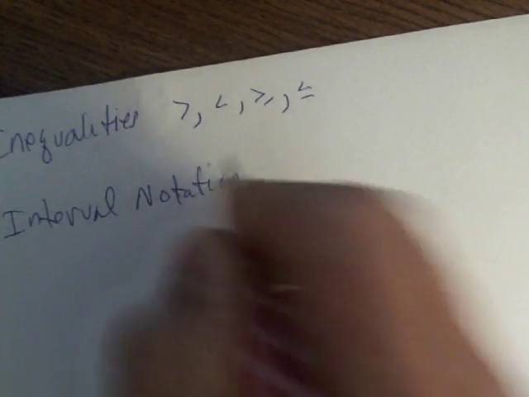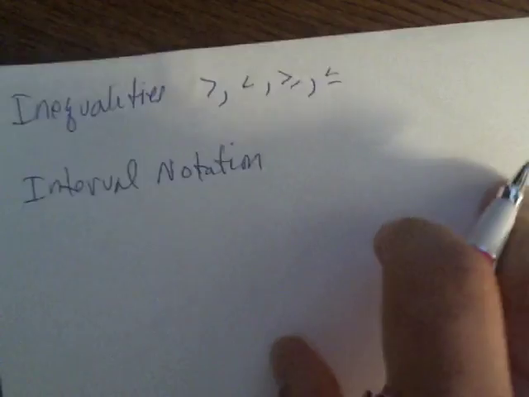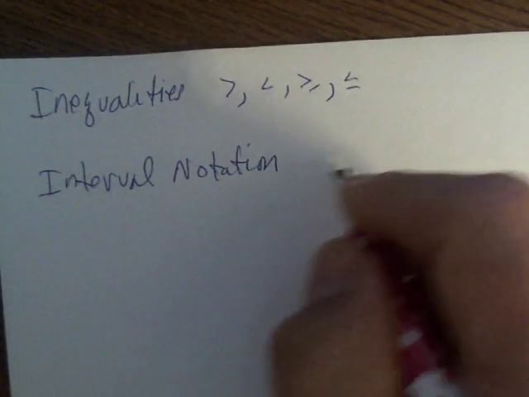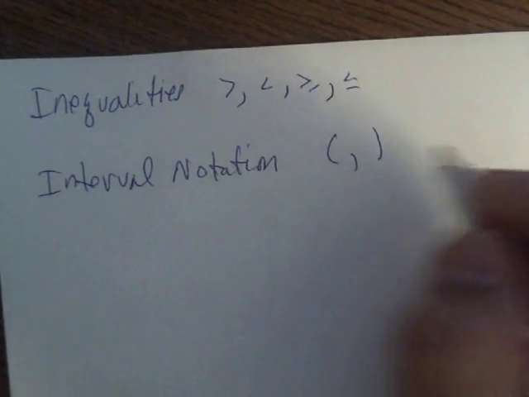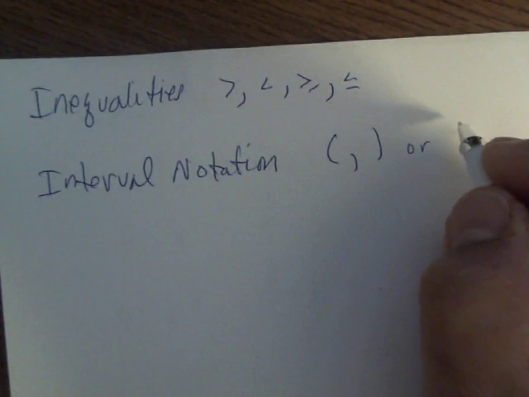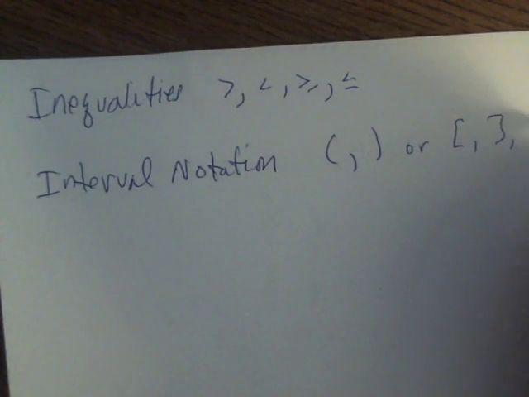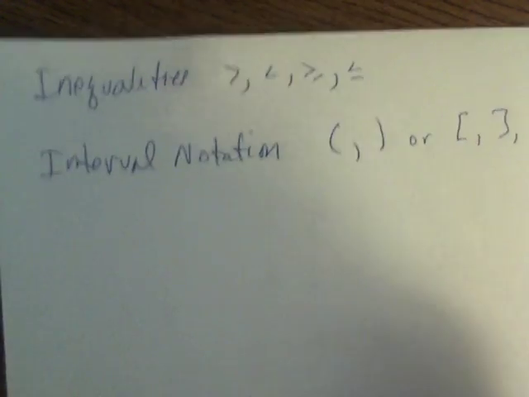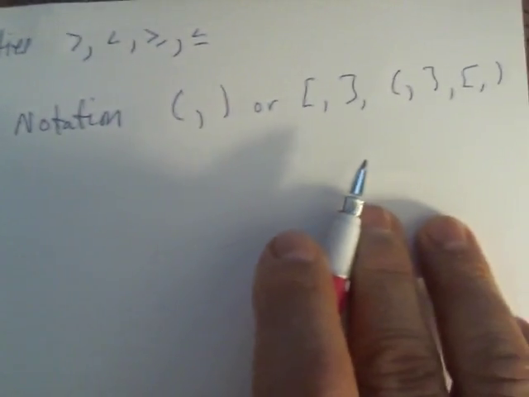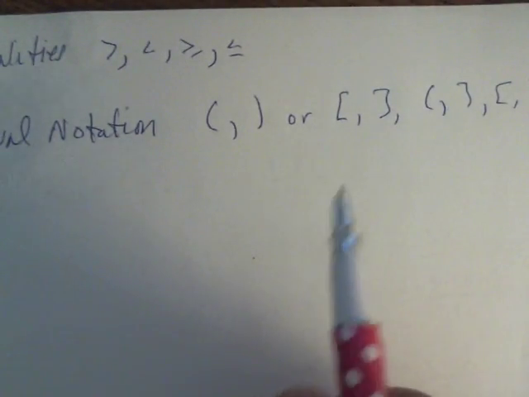Interval notation can look like this, or like this. You can have parenthesis bracket, or bracket parenthesis. I know that can be confusing.